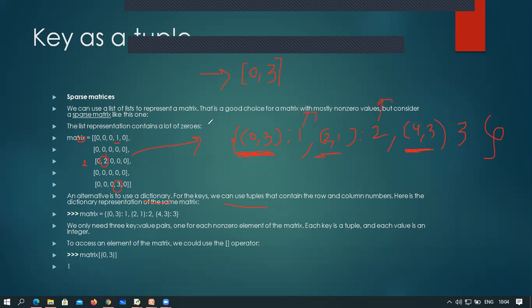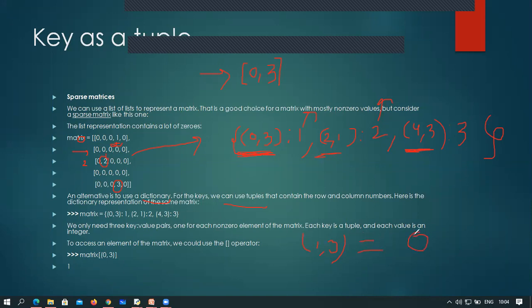Okay, so whenever I want to use this matrix and access any value, suppose I'm asking what is the value at 1, 3. That means row one and the third column. If that is not defined as a key in my dictionary, then I can assume that the value is 0.